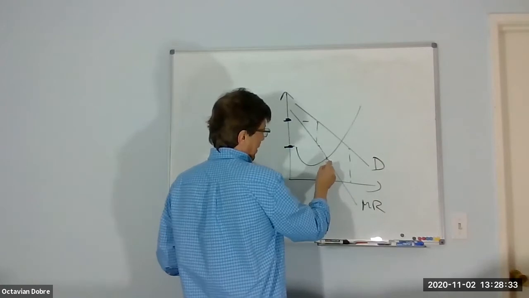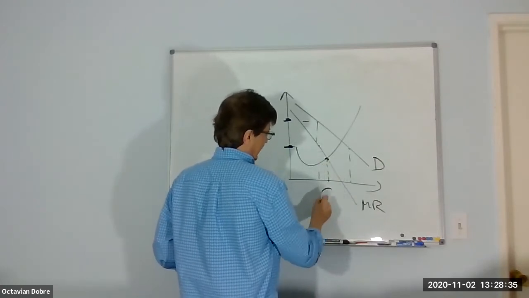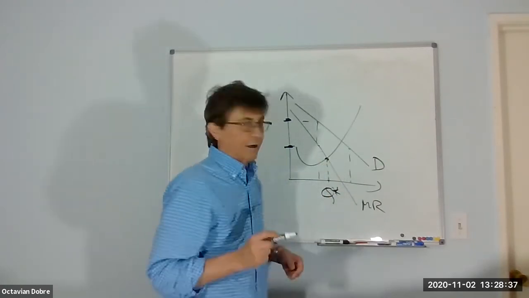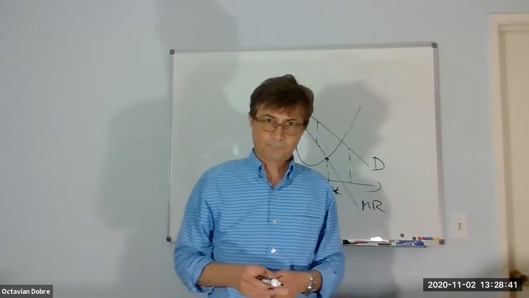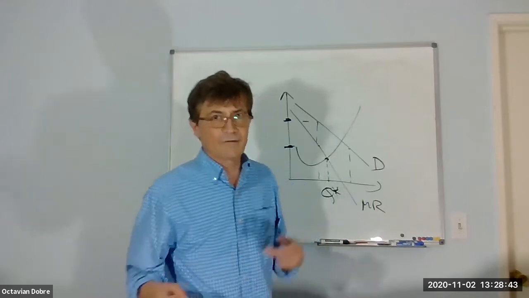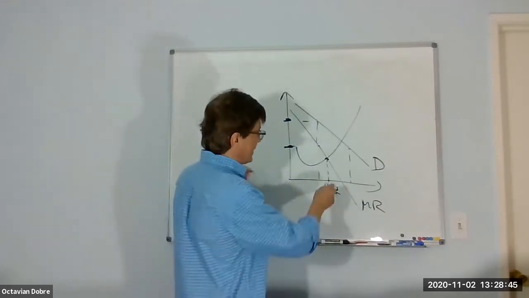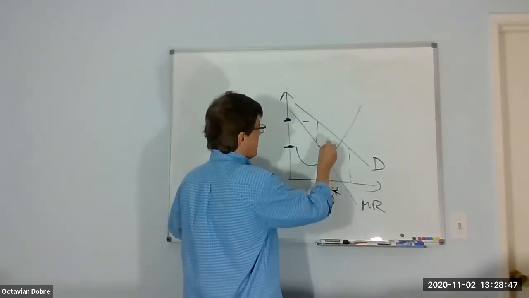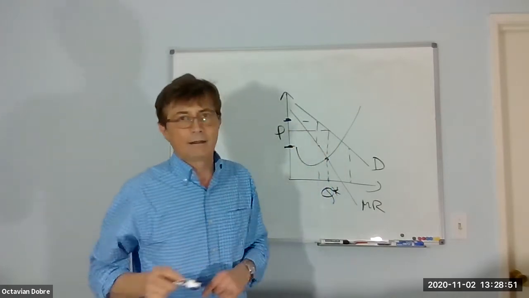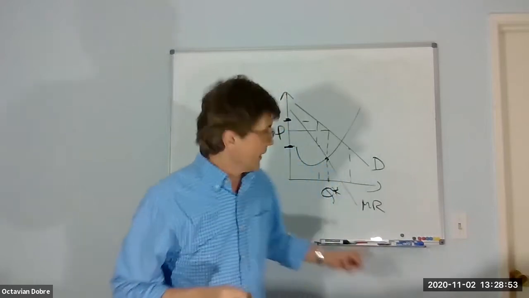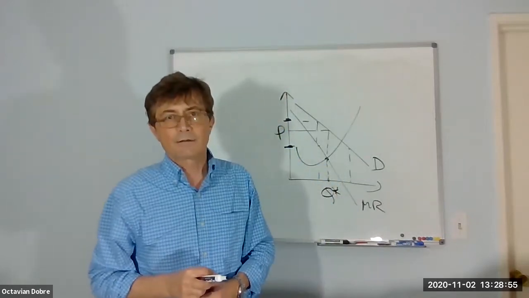The profit maximizing quantity is going to be where marginal revenue equals marginal cost. And we're going to find the price up on the demand curve. We go from Q star all the way here. And this is the maximum price that the firm can charge and sell Q star units.